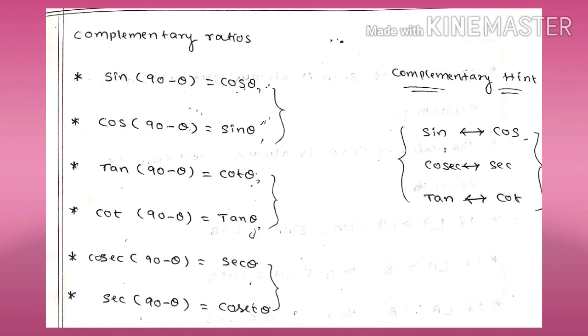Similarly, tan 90 minus theta is cot theta, cot 90 minus theta is equal to tan theta. The last two, cosecant 90 minus theta is equal to secant theta, secant 90 minus theta is equal to cosecant theta. Okay, sin and cos are complementary, cosecant and secant are complementary, and tan and cot are complementary. Okay, let's go for the next slide.